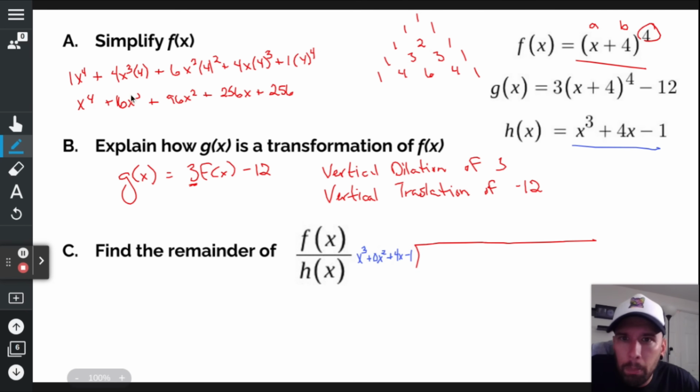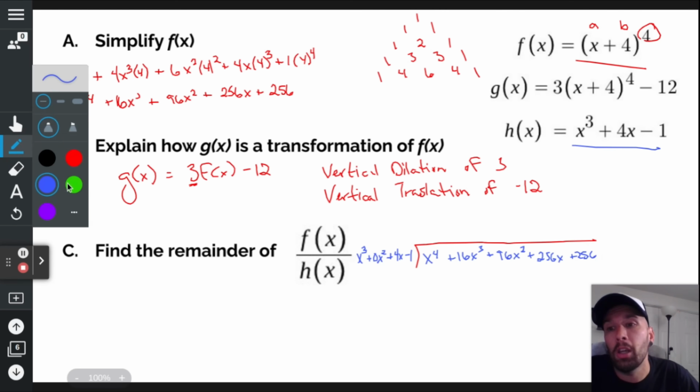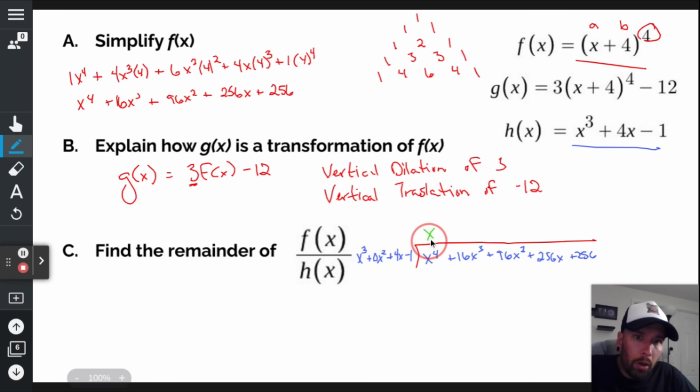f of x ended up being that whole thing: x to the fourth plus 16x to the third plus 96x squared plus 256x plus 256. This is going to be awful. Actually, it's going to be two steps. x to the third times x is x to the fourth.